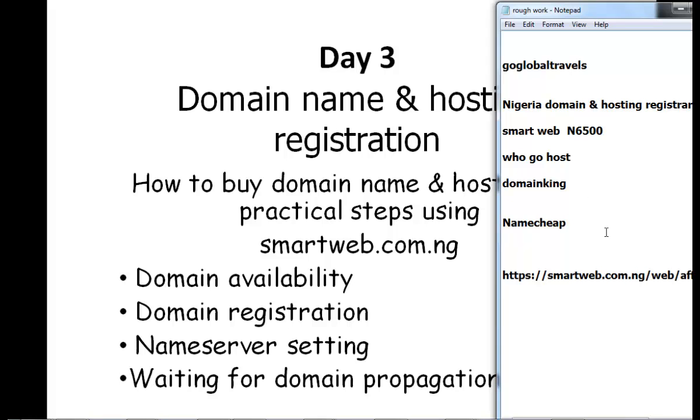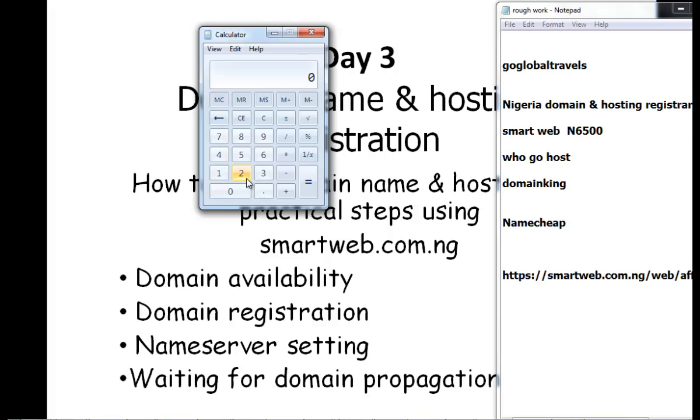Let's say Namecheap's hosting is $2.8 per month, and $2.8 times 12 is $34.56. At the present exchange rate, let's say times 450, that is 15,000 naira. Then if you are buying a .com domain name, it is not less than 4,500 or 5,000 naira.